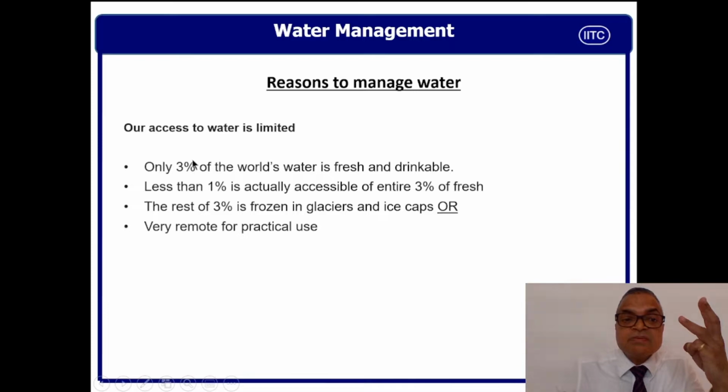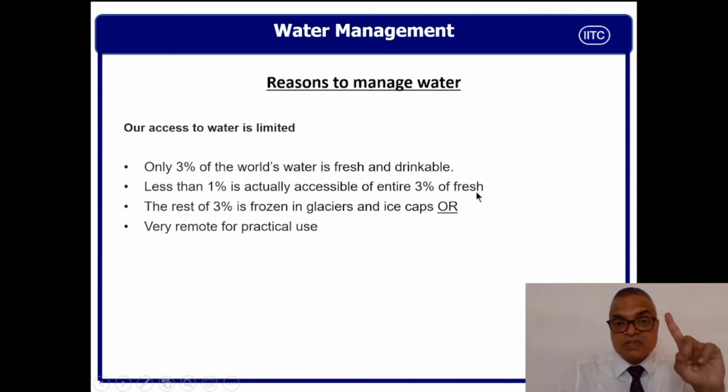So that means if the 3% of water in the world is, say for example, 300 liters, I'm just giving an example, right? And out of 300, only 1% is available to the people. I'm talking about fresh water.